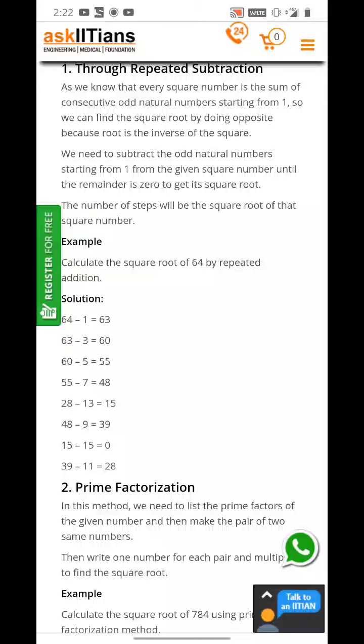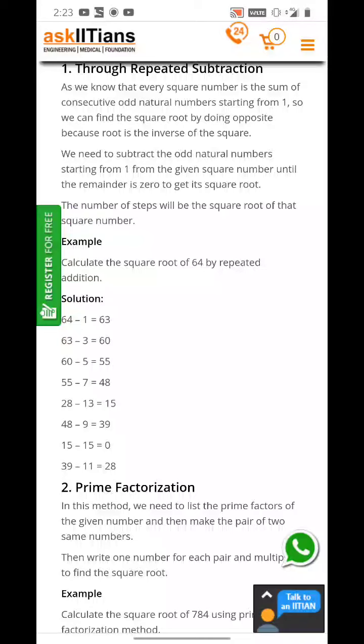Look at this. I have the question over here. This particular number is being subtracted by consecutive odd numbers. Look: 1, 3, 5, 7, here it is 9, 11. Just listen to my voice: 1, 3, 5, 7, 9, 11, 13, and 15.